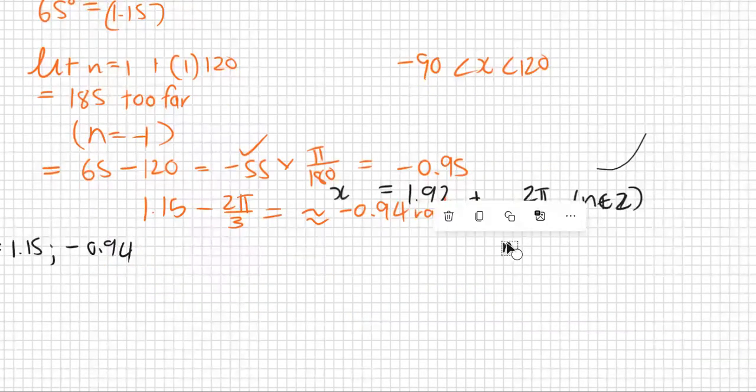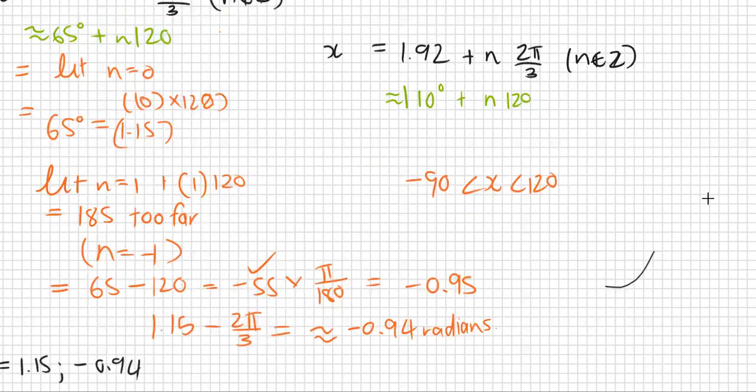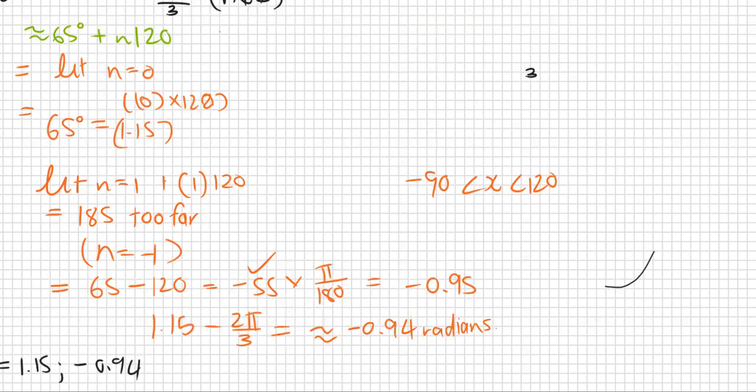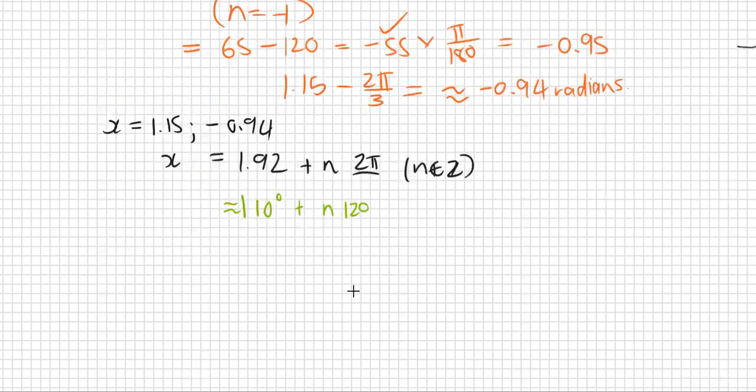Let's do it without the conversion this time. So this time, 1.92 plus n times 2 pi over 3.